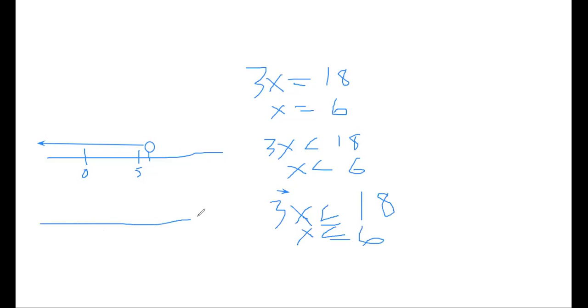My number line is going to look exactly the same. My answer still involves 6. But now I have a closed circle at 6. Because now 6 is included.